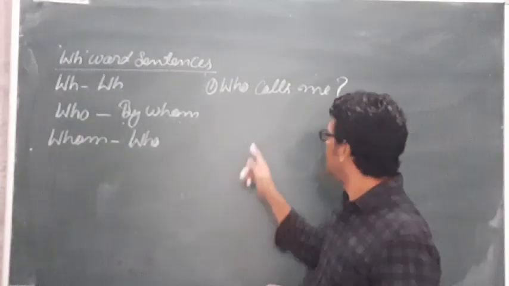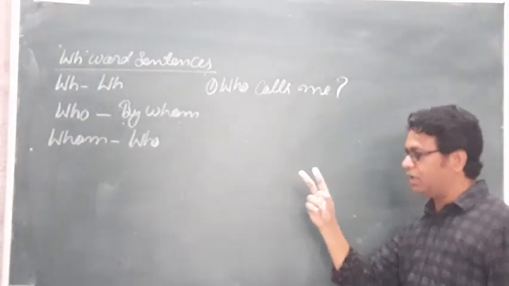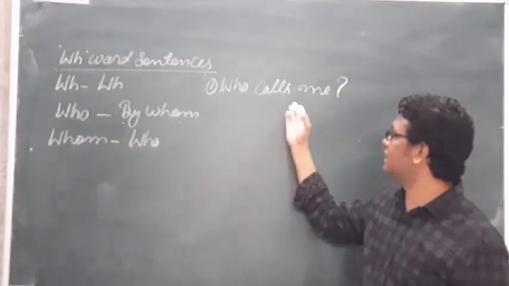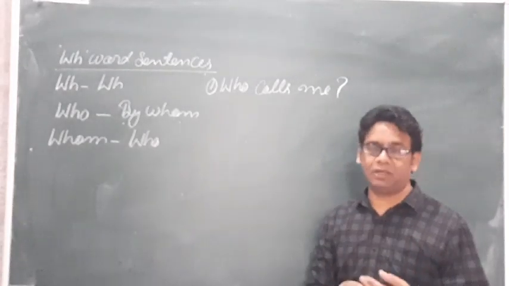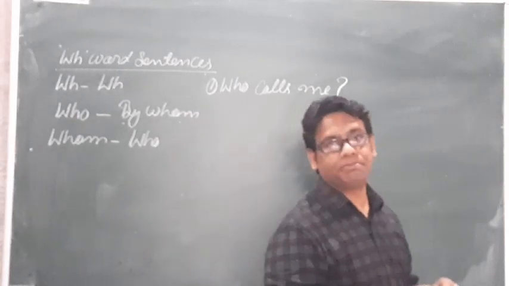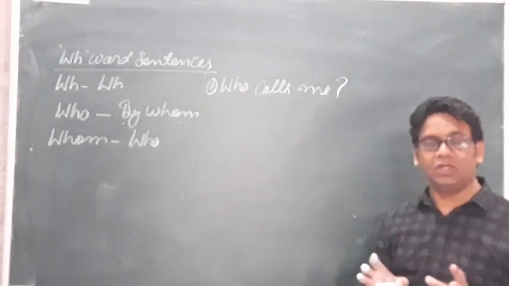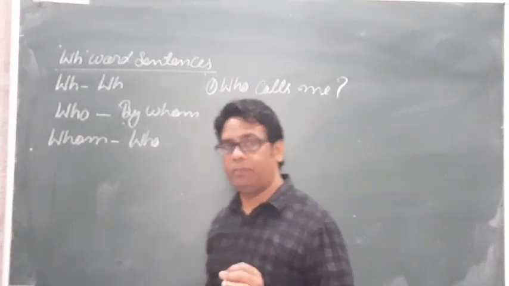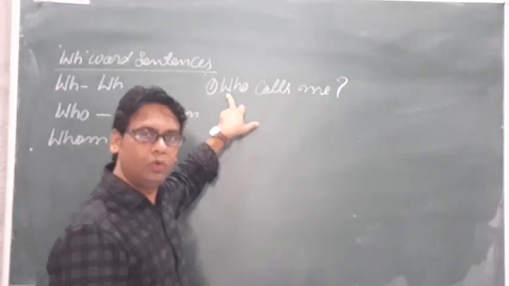See, there is no subject in this sentence. Secondly, there is no helping verb in the sentence. Present simple and past simple are two tenses in which we don't need to use any helping verb when we make a sentence having who.